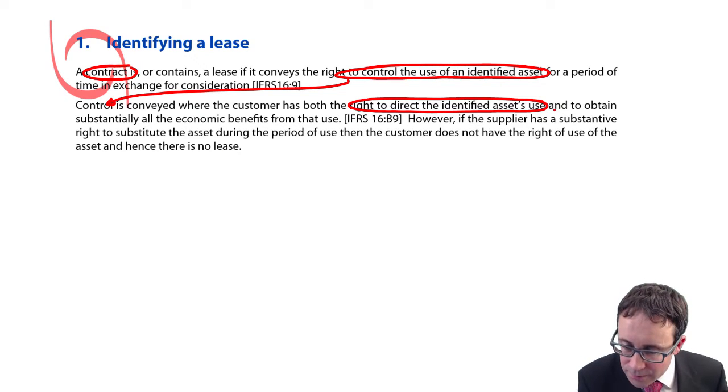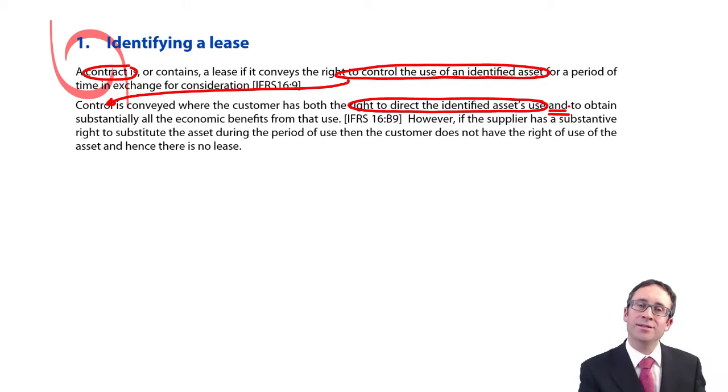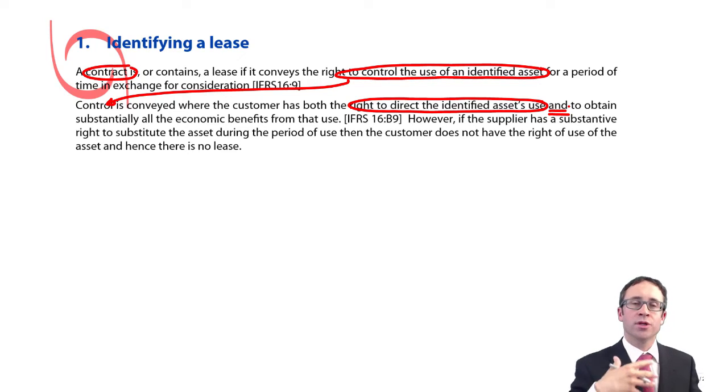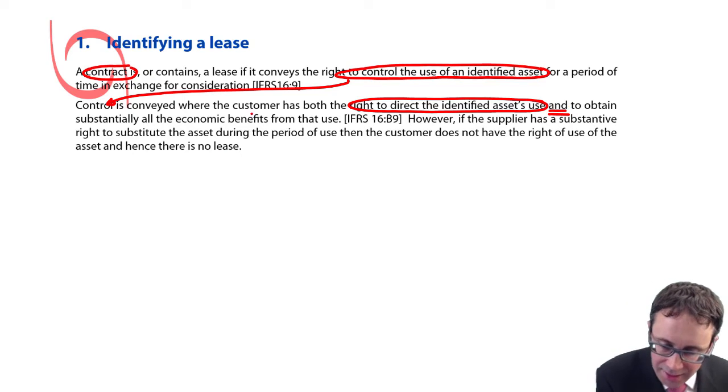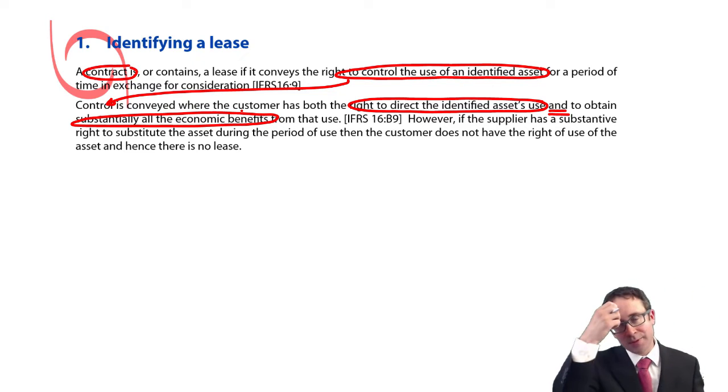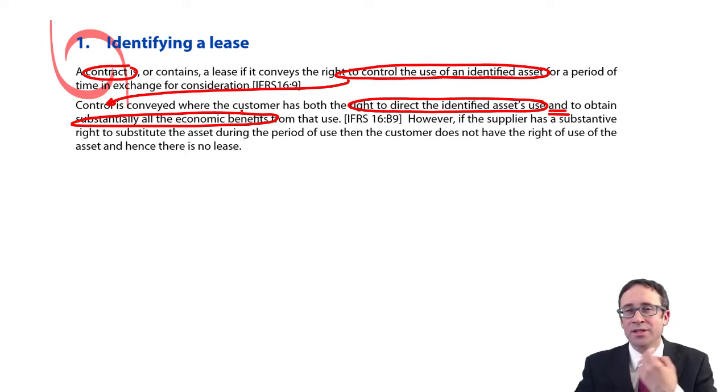Just note, again, come back to the definition of an asset: a resource that is controlled by an entity as a result of a past event, but more importantly, gives you an inflow of economic benefit. And here it says, do we get substantially all of the economic benefits?